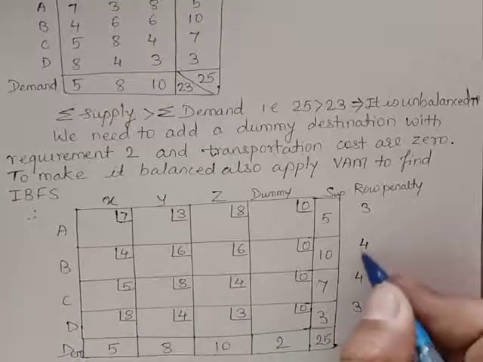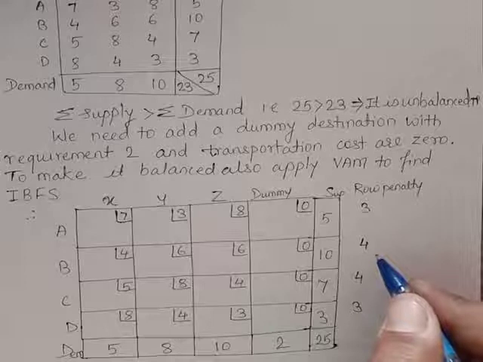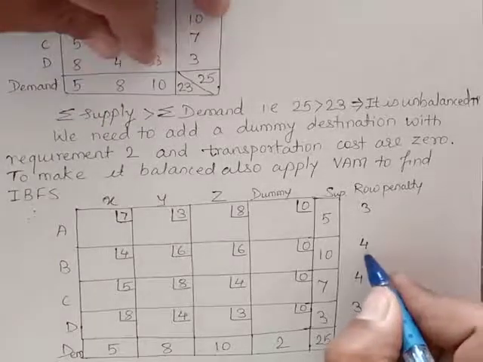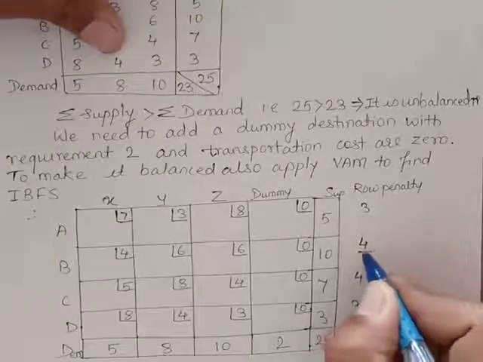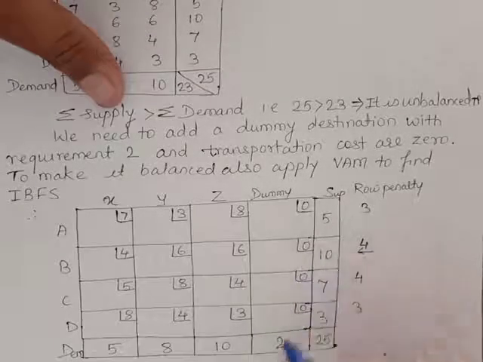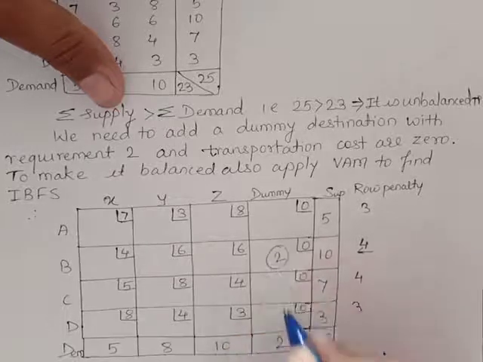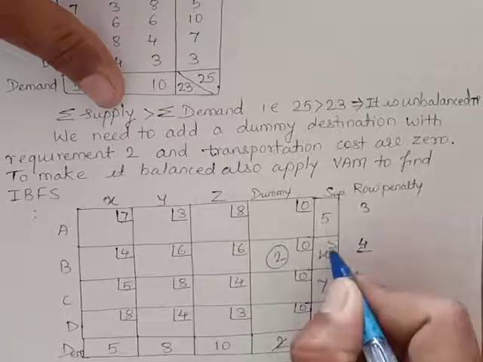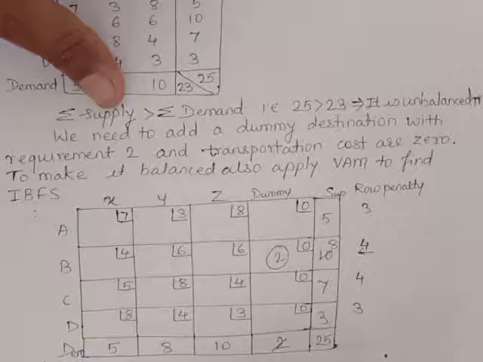So now here 4 is the highest, so let's do the allocation here. Now minimum cost is 0 here, so minimum of 2 and 0 is 2. So here this column is satisfied. Here how much left? 8 are left.